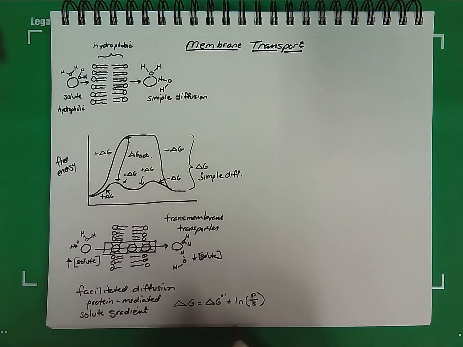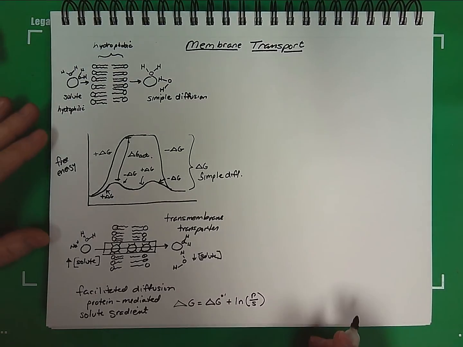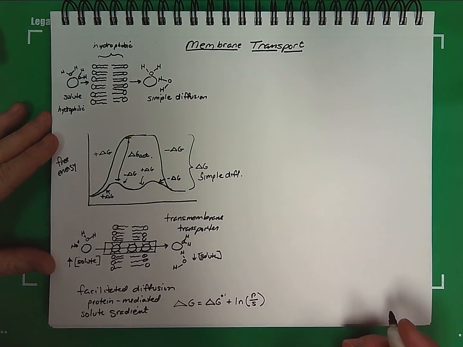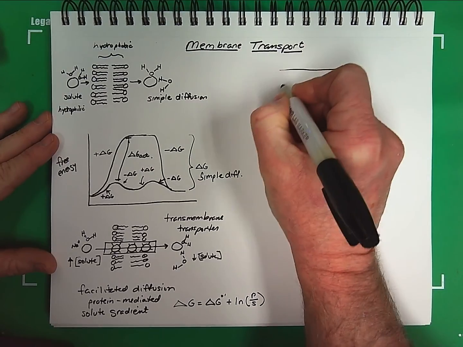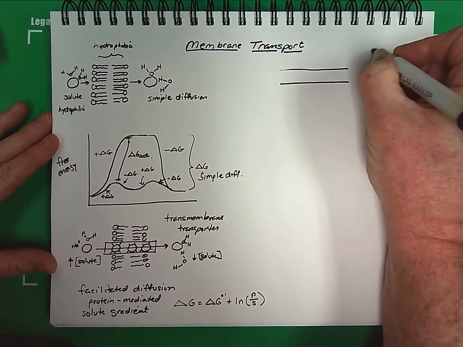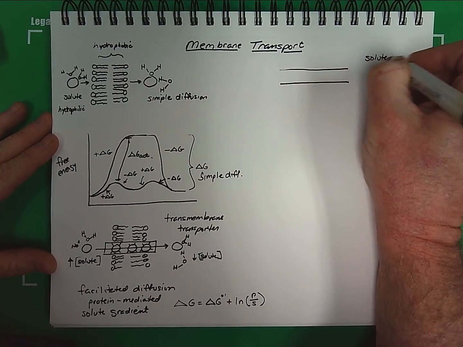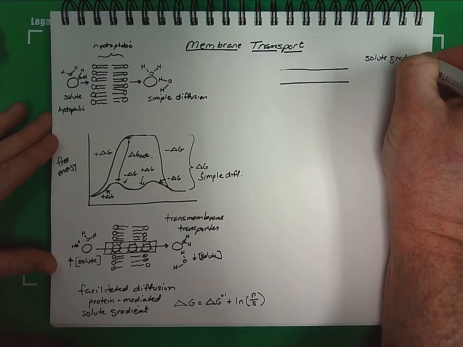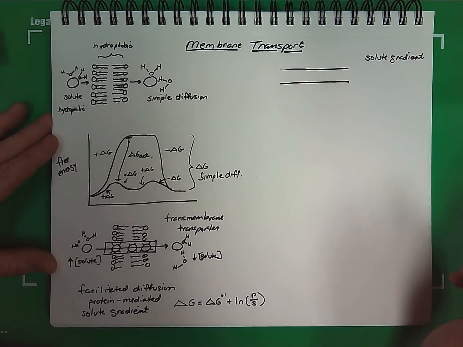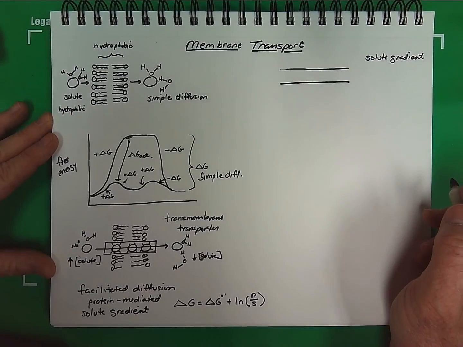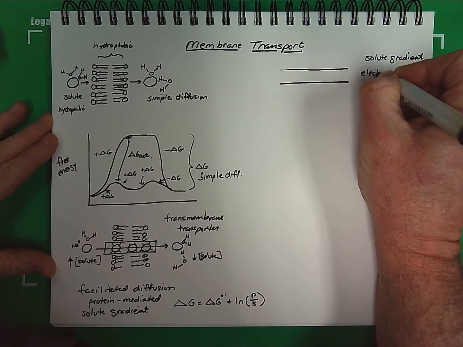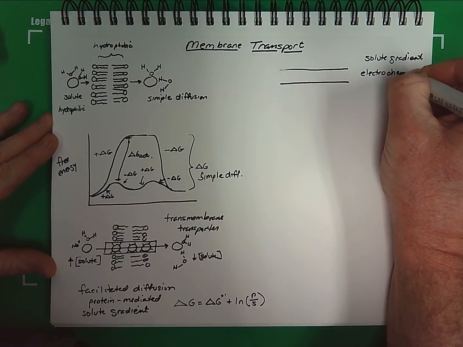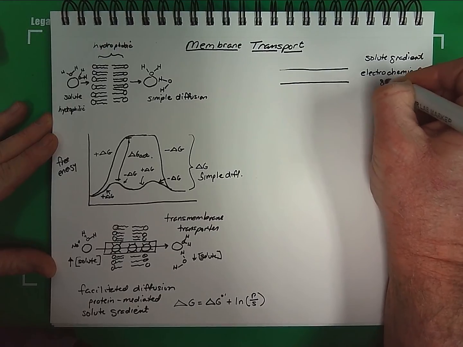Now the next step is to examine why we need these transporters to move molecules across the surface. We are primarily generating, by doing this, a solute gradient. In some cases, we want to generate what is called an electrochemical gradient.